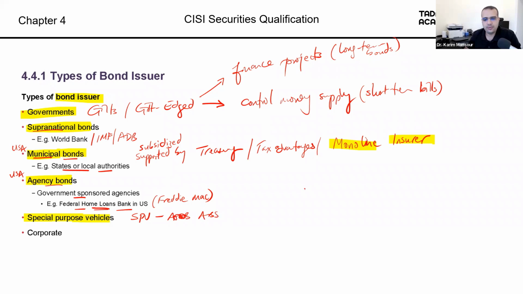We said when banks usually sell their mortgages to an SPV, in order to raise capital to pay for these mortgages, the SPVs will issue bonds to investors. And these bonds that the SPVs have issued are backed by the bank's assets, usually the mortgages or the loans. And of course, corporate companies also issue bonds.